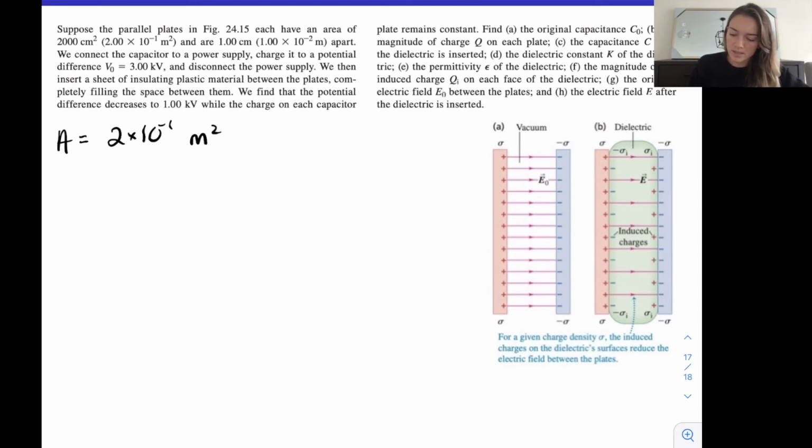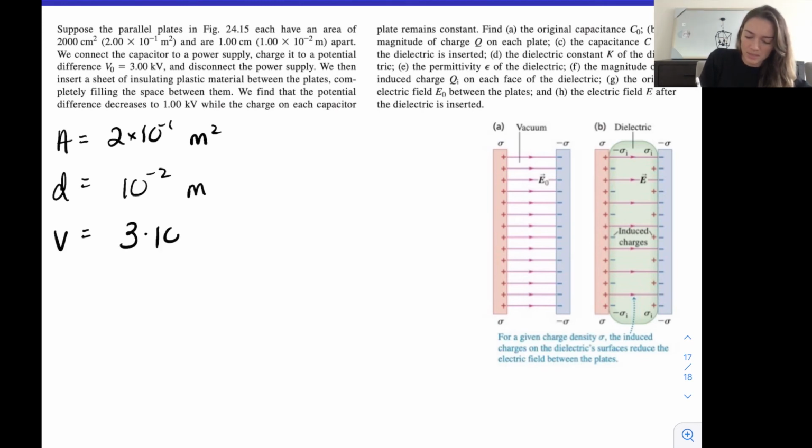They are 1 centimeter apart, so the distance between them is 10 to the negative 2 meters. We connect the capacitor to a power supply and charge it to a potential difference of 3 kilovolts. That just means our potential difference between the plates is 3 times 10 to the 3 volts, and then we disconnect the power supply.